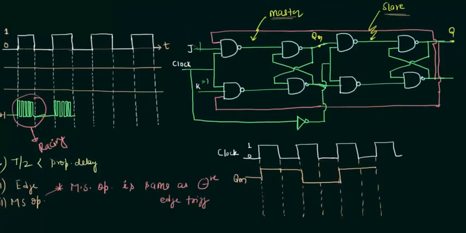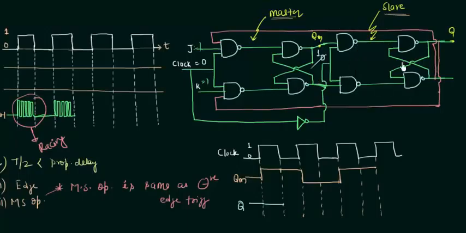Now we will try to find our Q, that is the output of our slave, and let's see what we have. When the clock is high, it means that the master is operational but the slave is not, because we are complementing the clock. So here I have a 0. If 0 was the output previously, I have a 0 stored till the clock is high, and when the clock is low, I have 1 here.